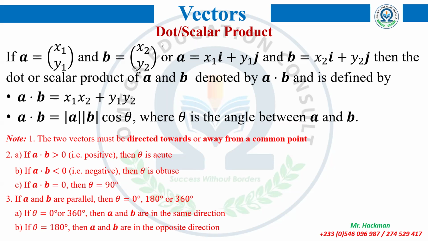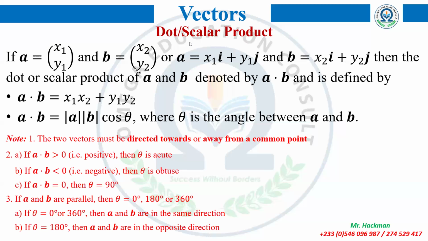Regarding the product, we have two products: the dot product and the cross product. The cross product we don't do at your level. We only do the dot or scalar product. It is called dot or scalar in the sense that when you dot the vectors, you end up getting a scalar.